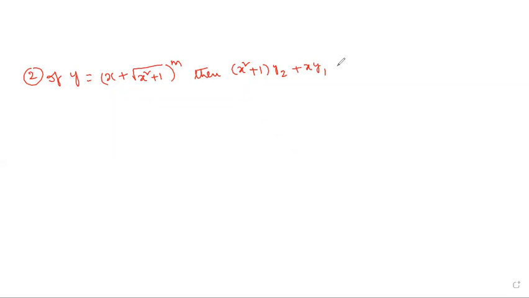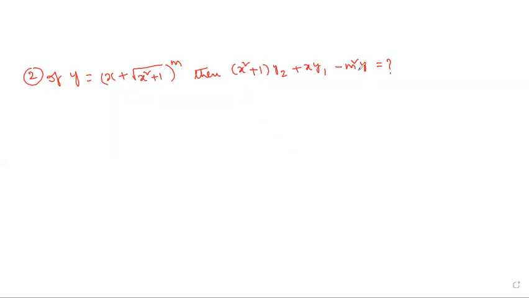One more problem is, second problem: if y is equal to (x plus root over x square plus 1) whole power of m, then (x square plus 1) into y2 plus x y1 minus m square y is equal to 0.